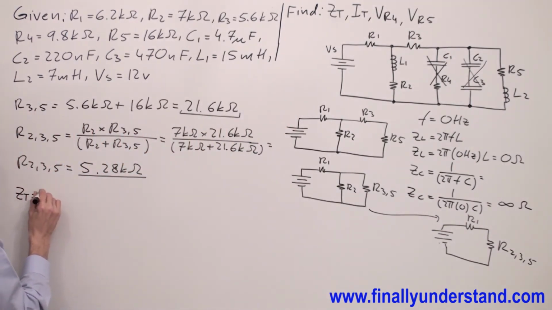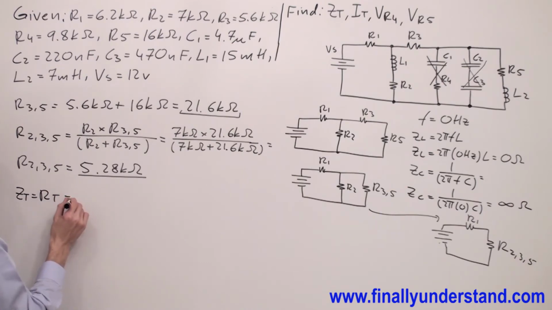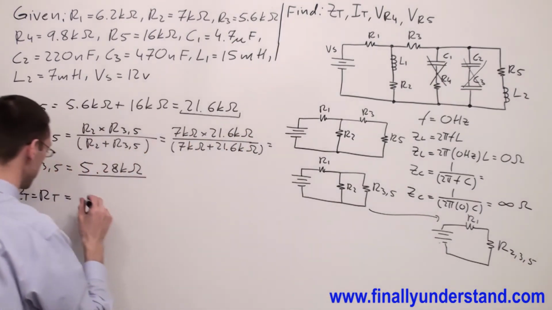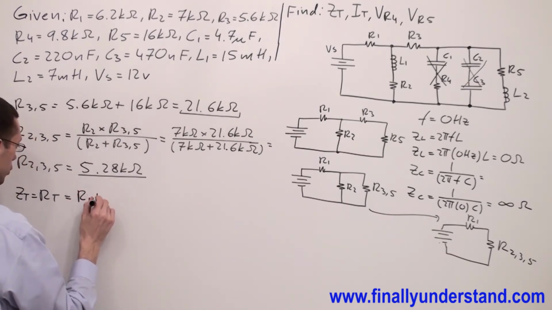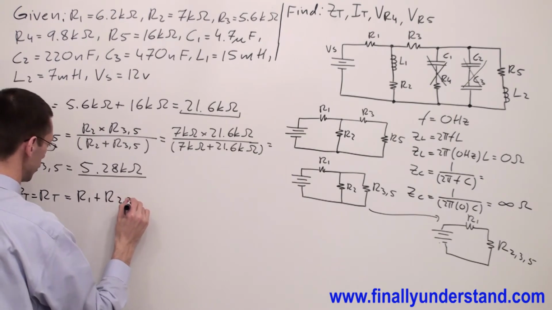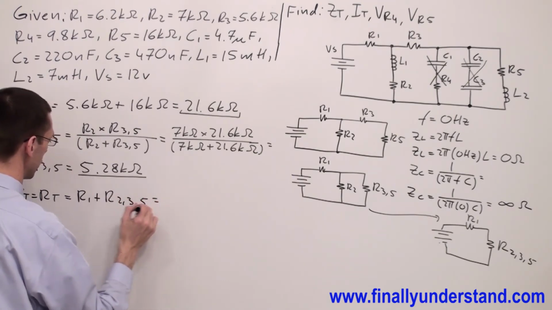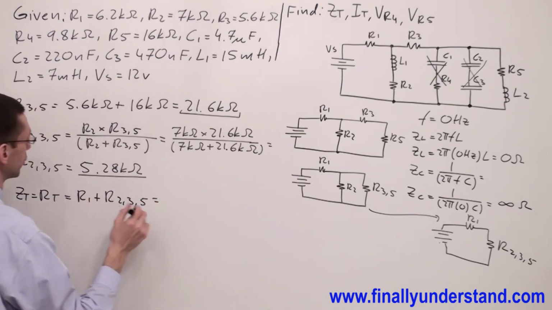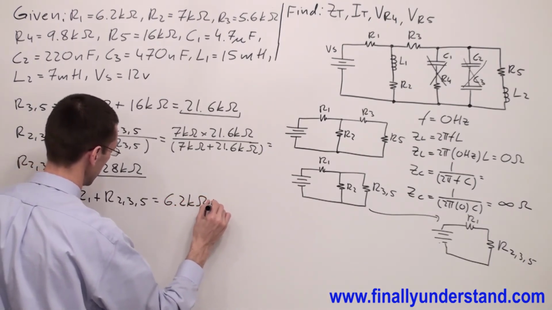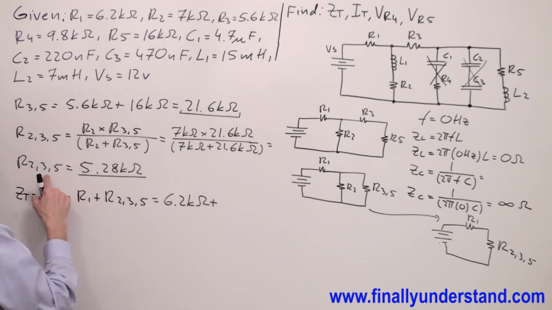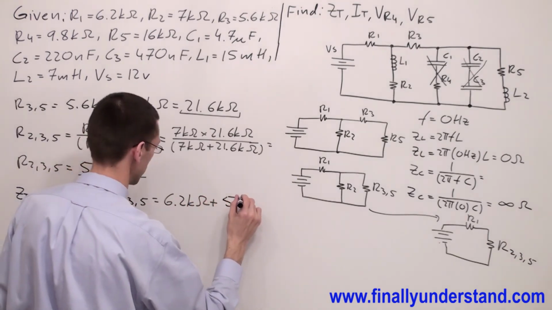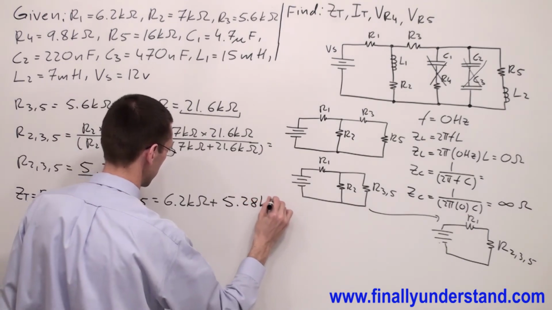total is equal to R total, this is the same thing. And because they are in series, we're supposed to add R1 to resistance R2, 3, 5, where R1 is equal to 6.2 kilo ohms plus R235, which is equal to 5.28 kilo ohms.